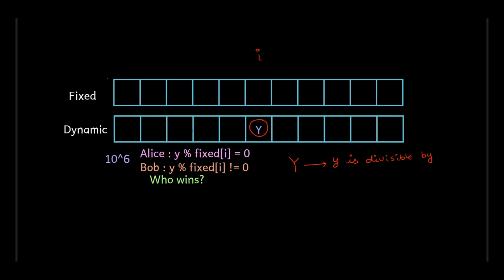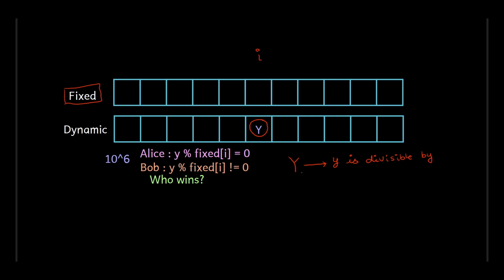But you know that this fixed array will always be available to you. This is not changing for the entire duration of the round. This means that whatever elements you have available in the first round, you will have available in all the future rounds as well.